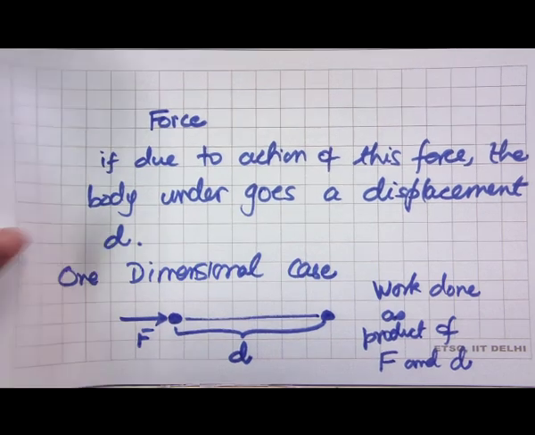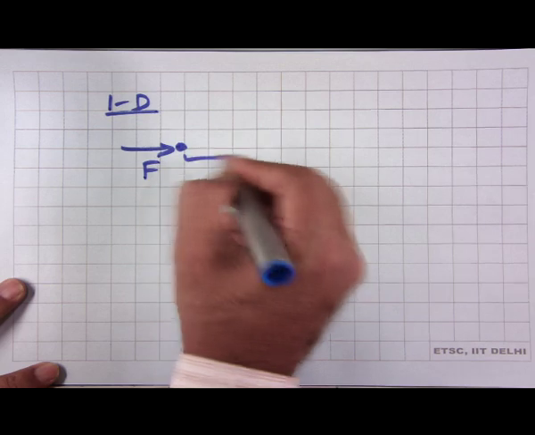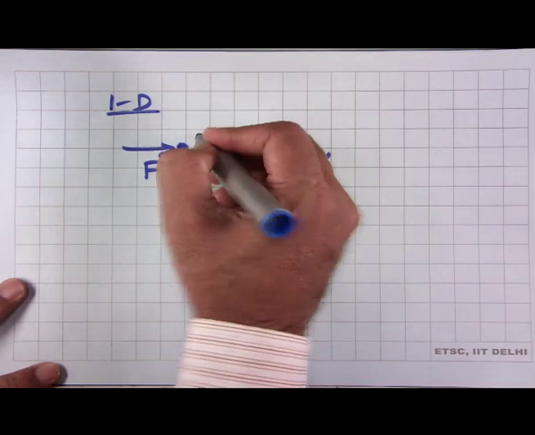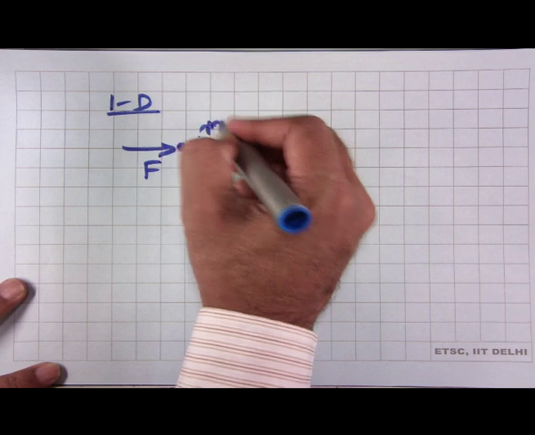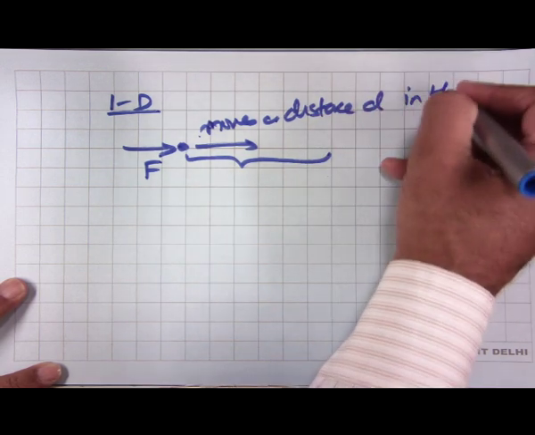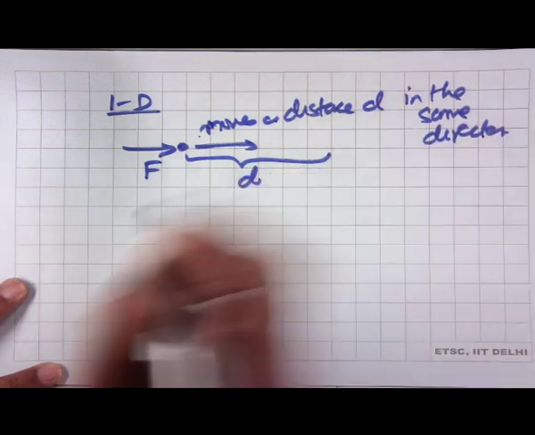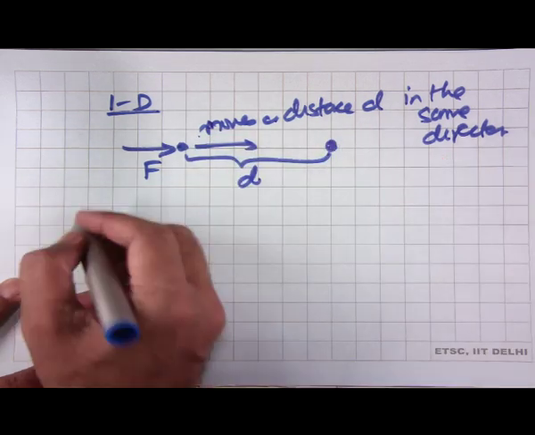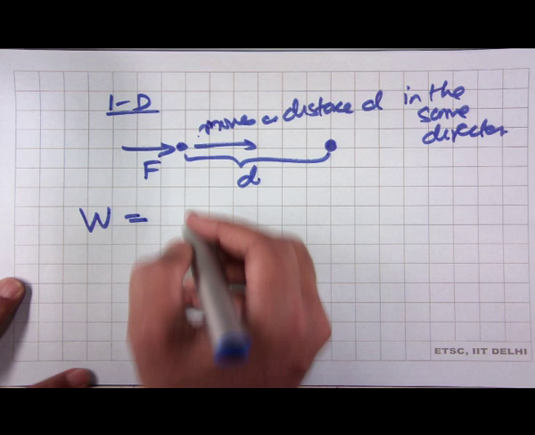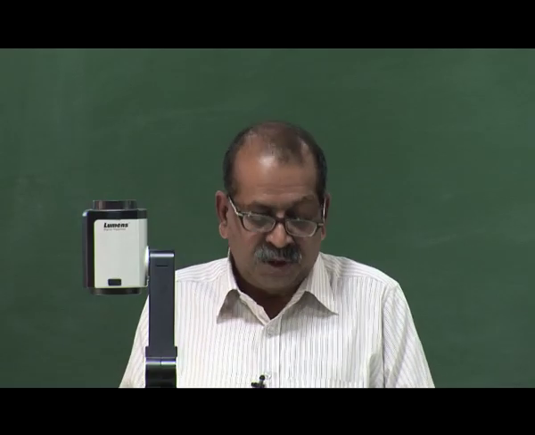In this 1D case, the force is in this direction, and because of this the particle moves a distance d in the same direction. So, the work done by this force is defined as F times d. This is the definition of work done by a force.